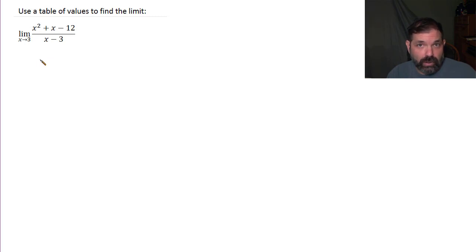If I let x equal 3, the denominator turns into a 0, and we know that's an undefined expression. In fact, it's even worse. If I let x equal 3, in the numerator I've got 3 squared, which is 9, plus 3, which is 12. 12 minus 12 is 0. So I have 0 divided by 0. What we'll say later is this is called an indeterminate form. That's even worse than undefined.